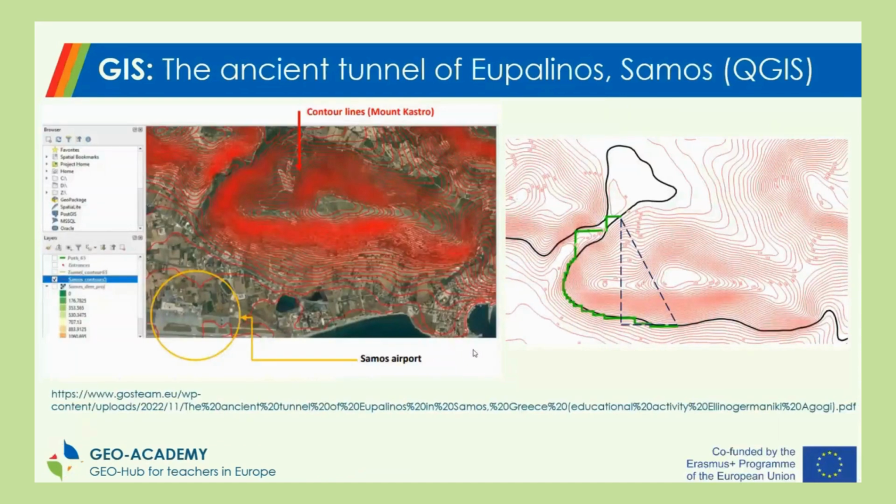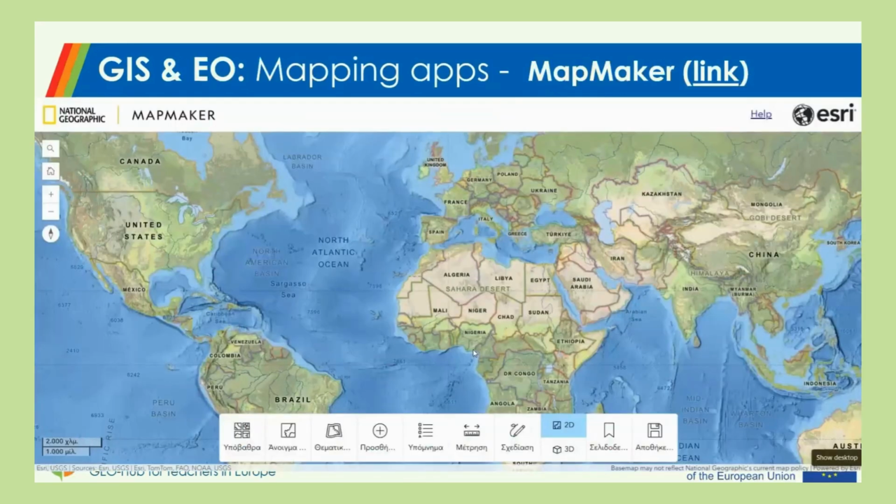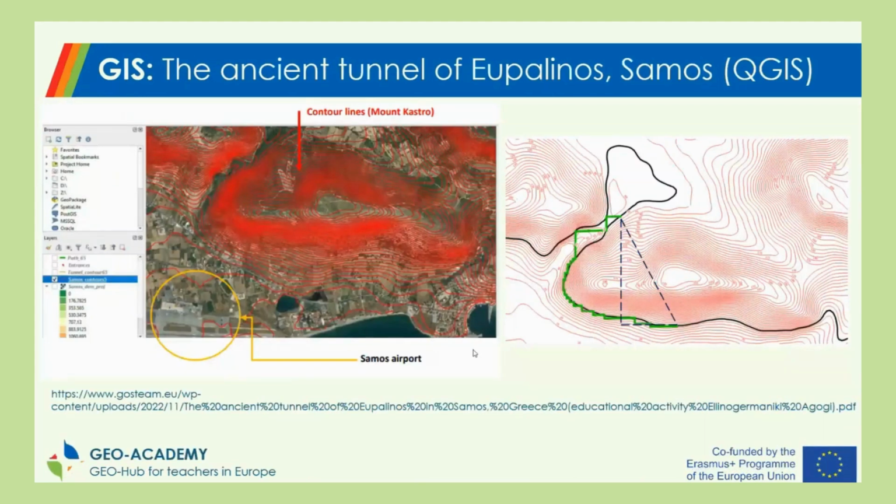Other activities related to history, here about the ancient tunnel of Eupalinos in Samos, here in Greece, and how Eupalinos, an ancient mathematician, if I'm not mistaken, managed to bring water to the ancient city of Samos by drilling a mountain from both sides at the same time, and the workers met 11 years later in the middle. So to do that, Eupalinos used geometry.